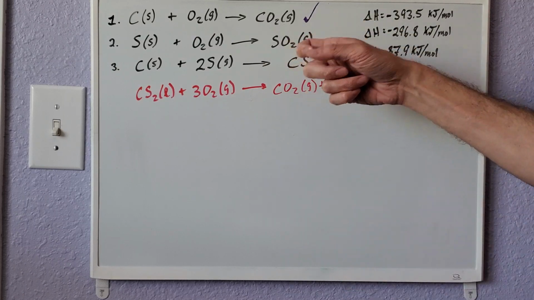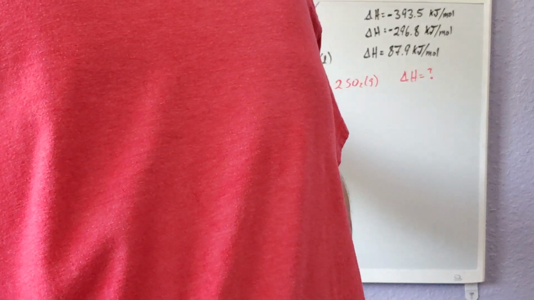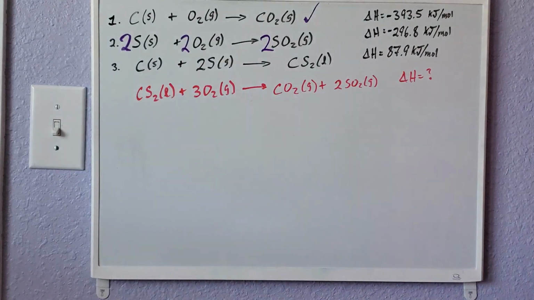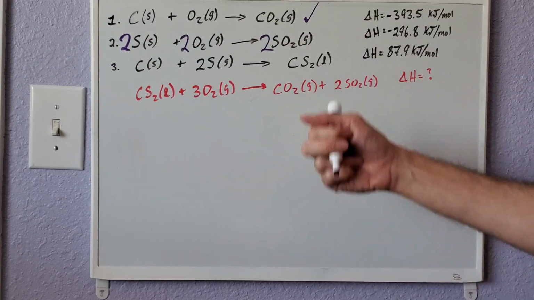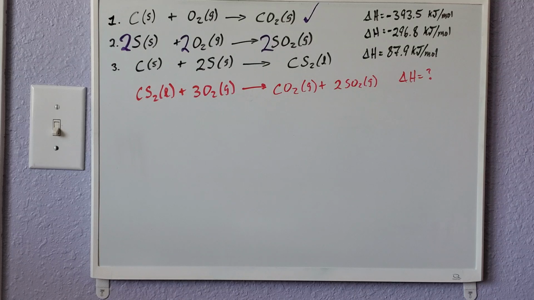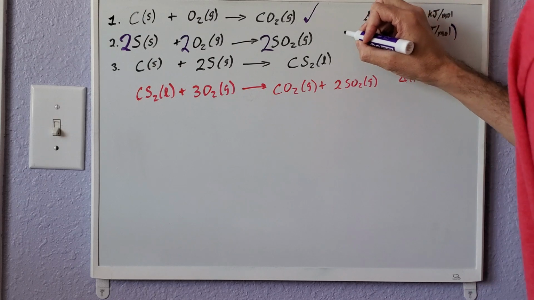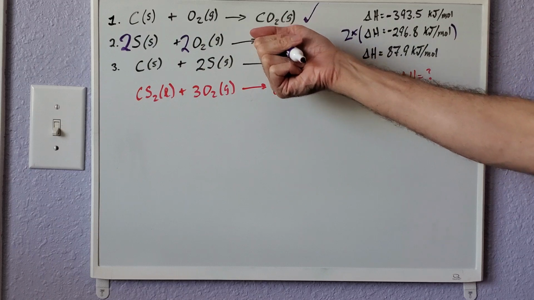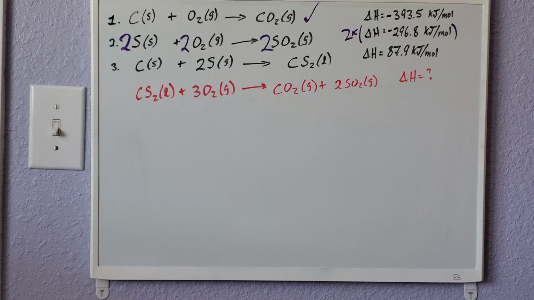If we need two SO2s, we need to multiply all of this by 2, so we have 2 S's, 2 O2's, and 2 SO2's. But because we made a change to our chemical reaction, we need to apply the same change to our delta H. So our delta H in this situation must be multiplied by 2 as well. Once we do that, we have our 2 SO2s, so we're good there. We have our 2 O2s, and we have our O2 from the previous one, and as you'll see, that will work out to our advantage as well.